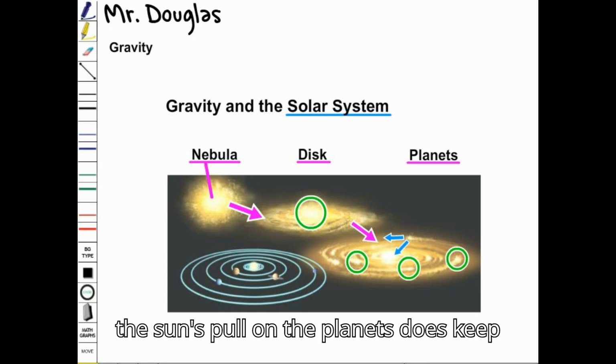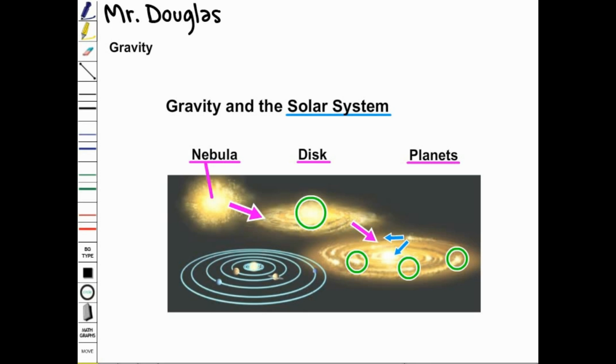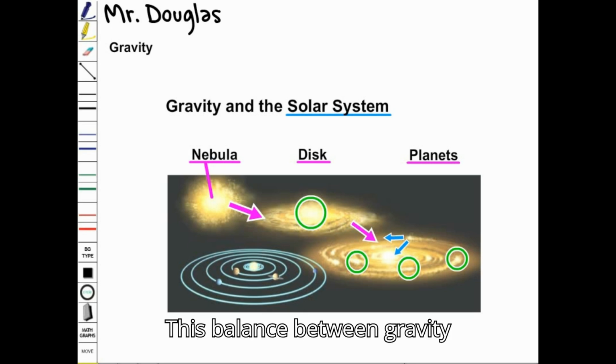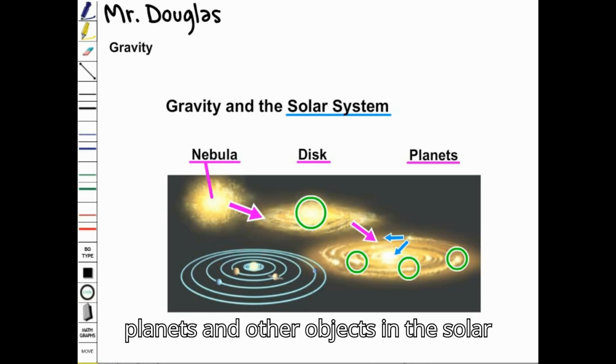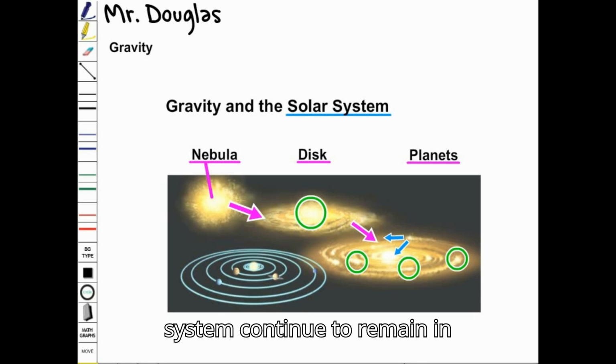But the sun's pull on the planets does keep them from flying off into space. This balance between gravity and forward motion explains why the planets and other objects in the solar system continue to remain in the sun's orbit.